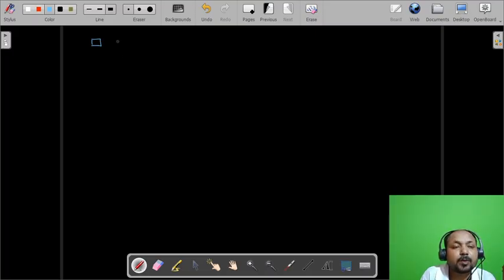So today I am going to discuss the minimum length of mirror required to view the full image in a plane mirror.